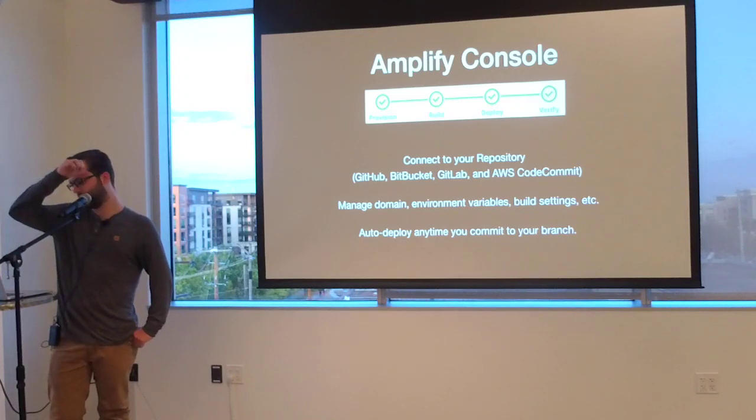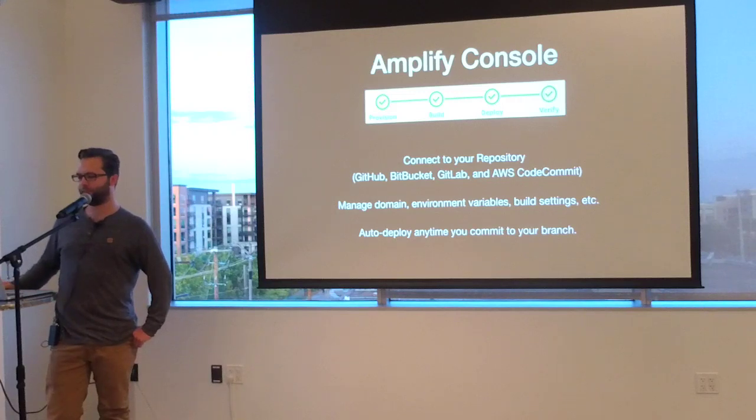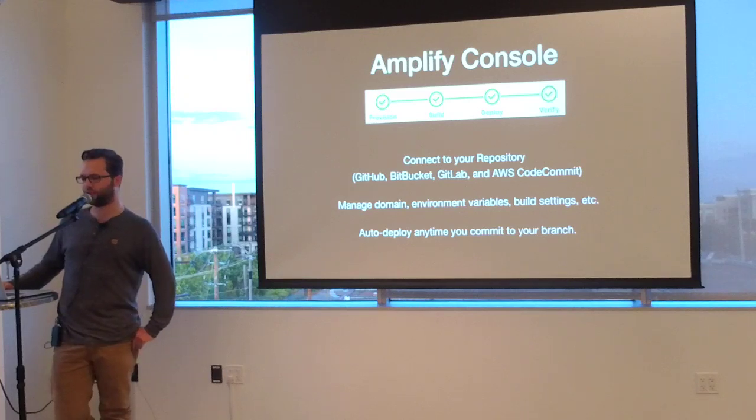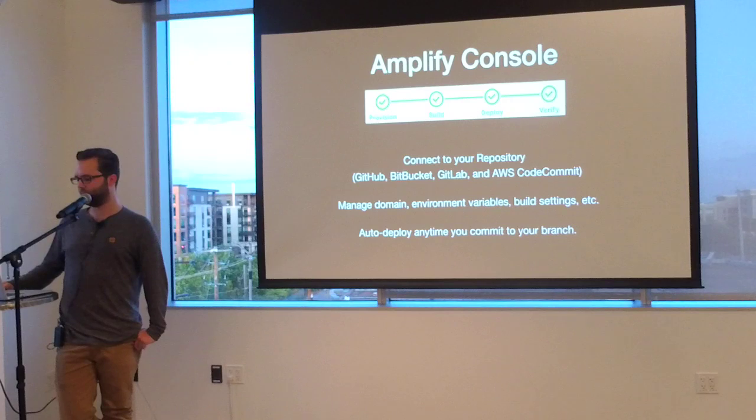You can turn on auto deploy, so every time you commit, it'll deploy all your changes. It builds based on the changes, so it won't rebuild things that haven't changed. It's smart about that. And then you can set environment variables there and some other settings for your whole app.